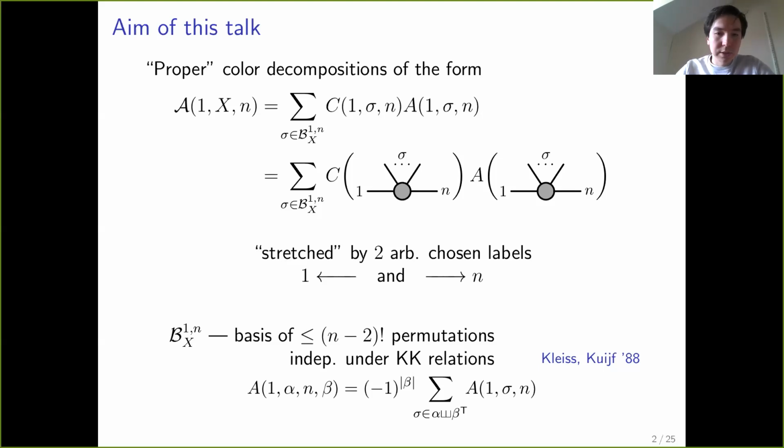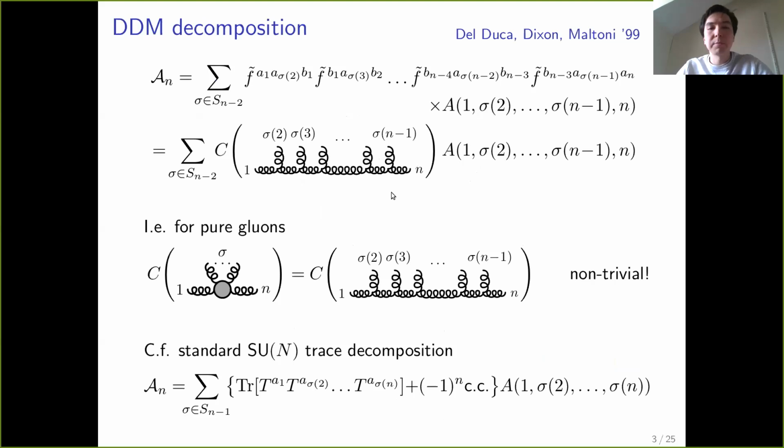These decompositions are the main aim of this talk, and by plain lines, I will be drawing any lines that could be, or maybe scalars, just some colored particles. And a well-known example of such a decomposition is the Del Duca-Dixon-Maltoni decomposition for the pure Yang-Mills, at least. Let's consider the pure Yang-Mills here.